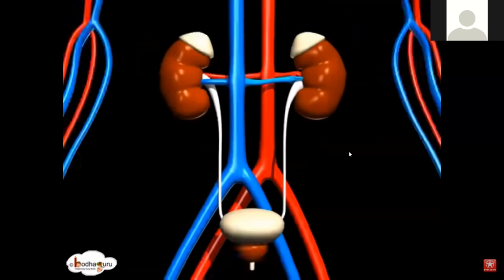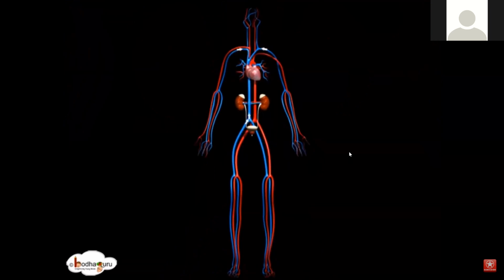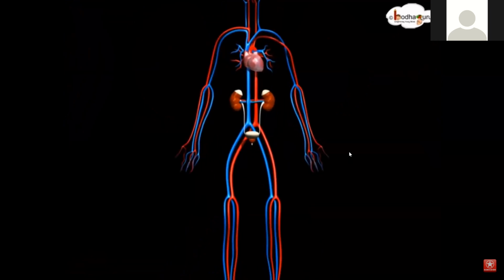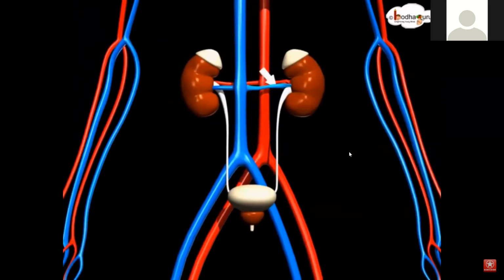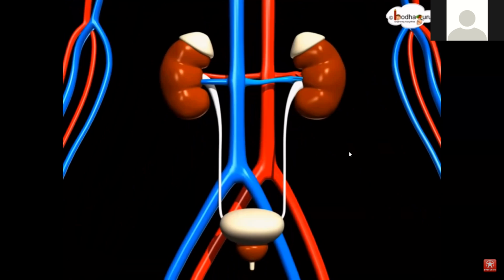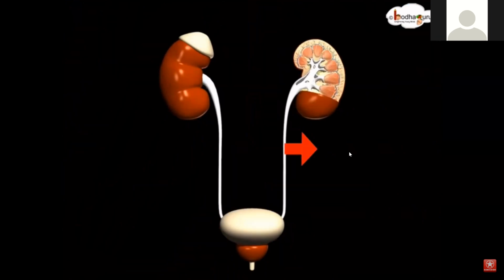A pair of bean-shaped kidneys together receive around 25% of the blood pumped by the heart because it filters blood employing small filtration units, nephrons, to remove toxic waste.